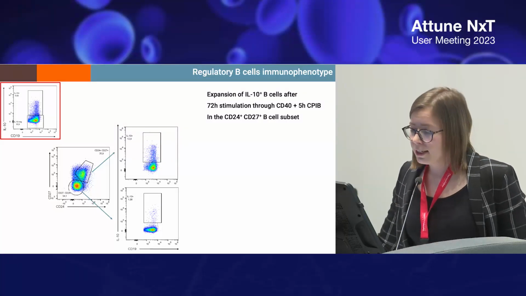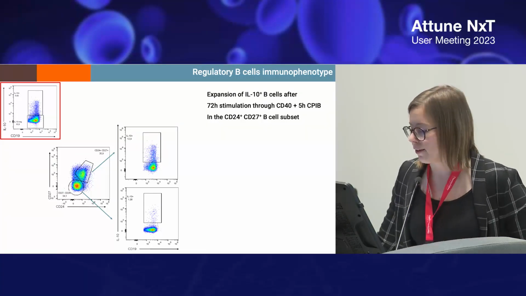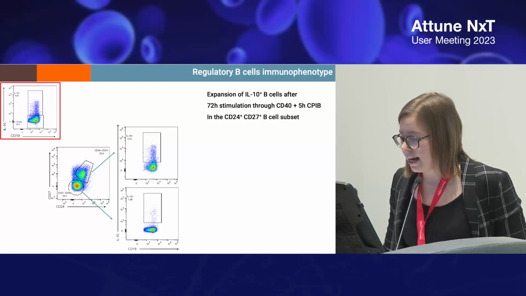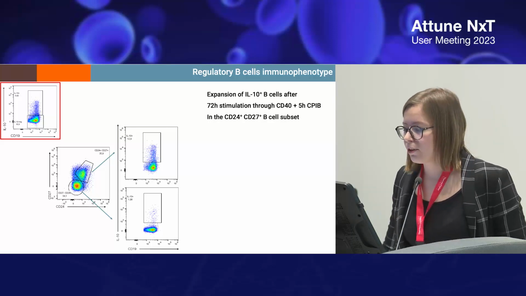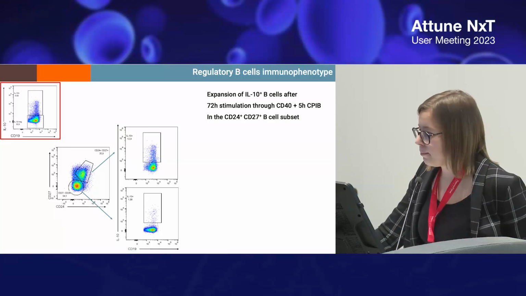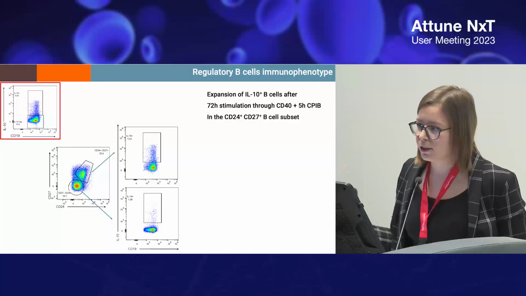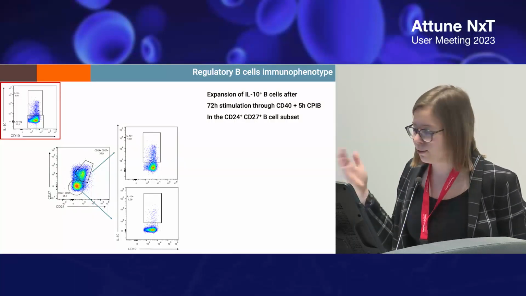And you can see that you reach a high number of regulatory B cells. These cells are enriched again in the CD24, CD27 positive population. You will not find BRAGs in the transitional immature B cells because after 72 hours of stimulation, you lose this population.